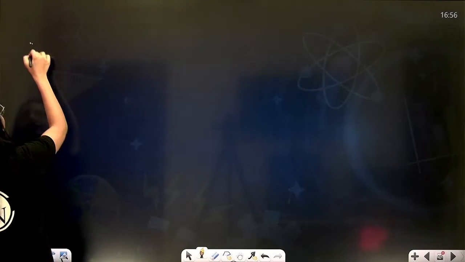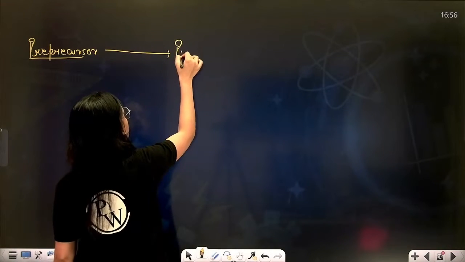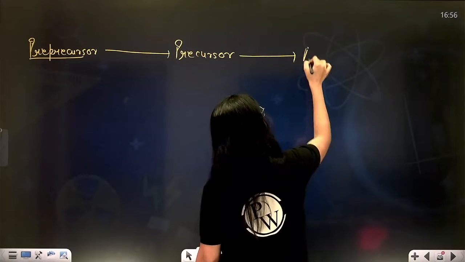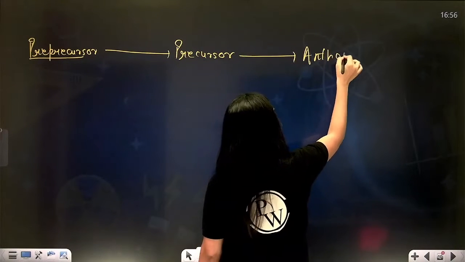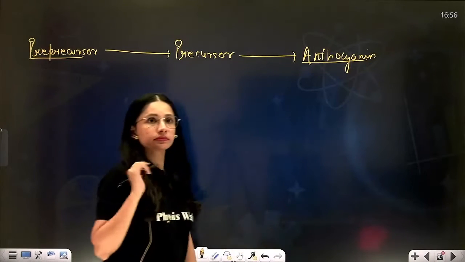Now what happens, beta? This is C. There is a precursor to synthesize anthocyanin, which first needs to change into precursor, and then the precursor changes into anthocyanin pigment. Correct?